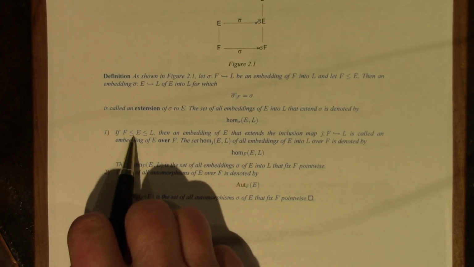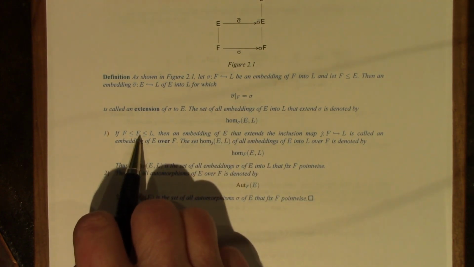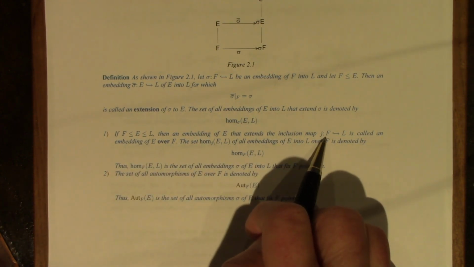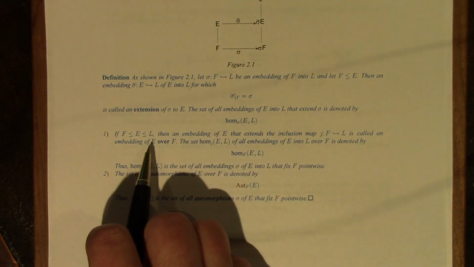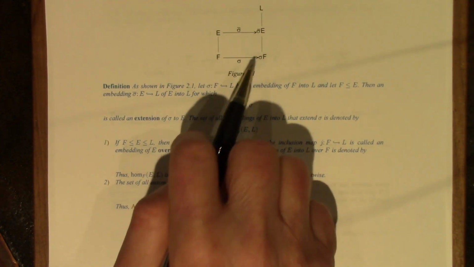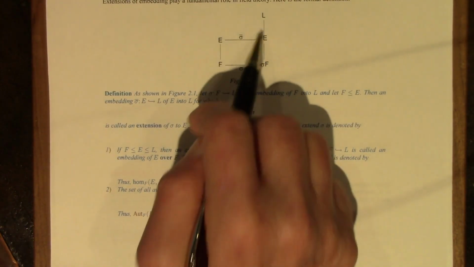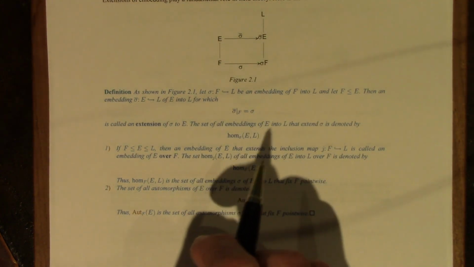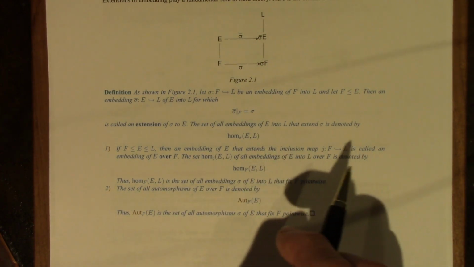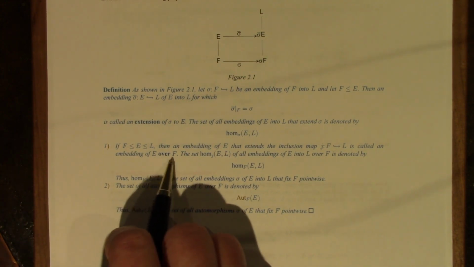If we have a tower F, E, L, then an embedding of E into L that extends the inclusion map is called an embedding of E over L. So if this sigma here is the inclusion map, which means F has got to be a subfield of L, and we extend the inclusion map, we get what is called an embedding of E over L rather than over sigma.